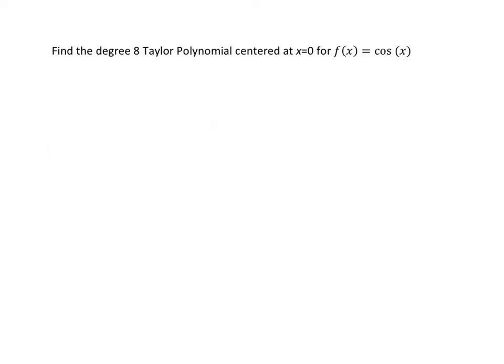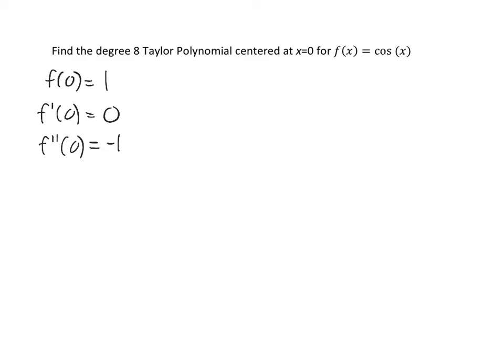Let's take this a step further. We're going to do the Taylor polynomial of degree 8 for cosine of x. We already know f of 0 was 1, f prime of 0 was 0, and f double prime of 0 was negative 1.